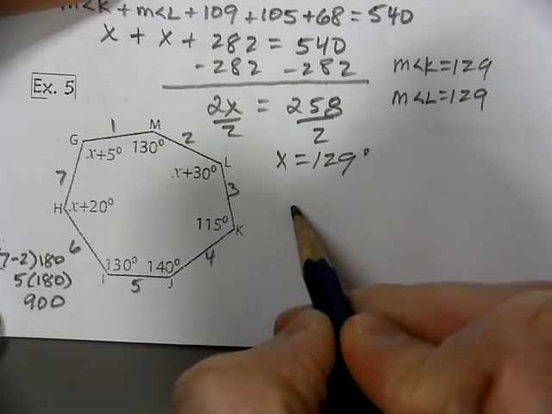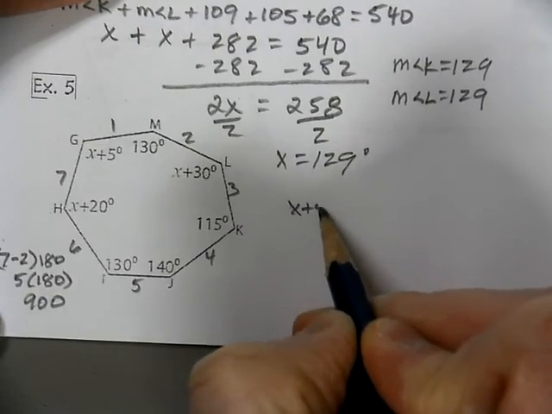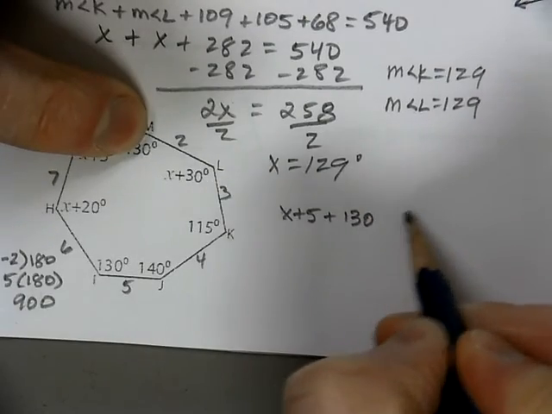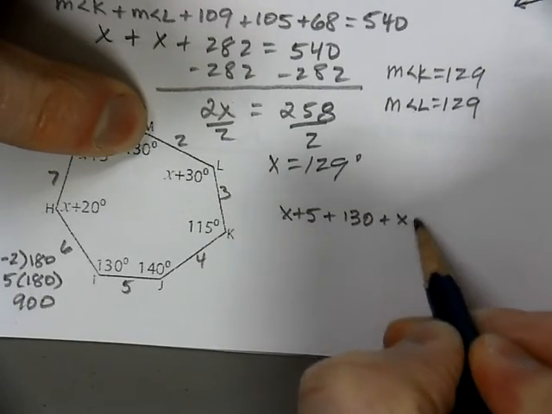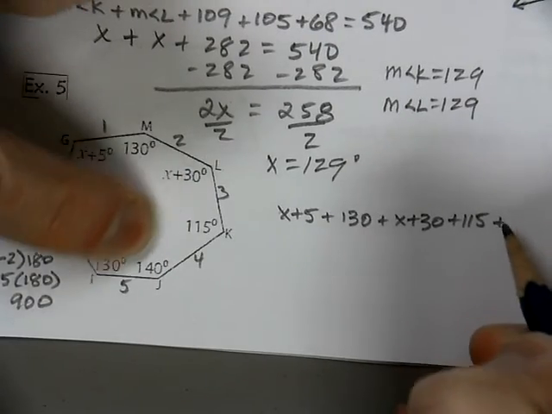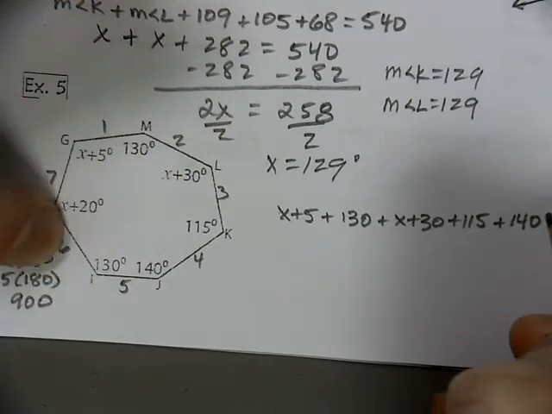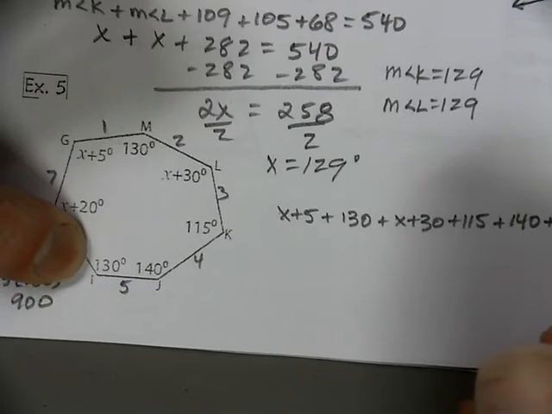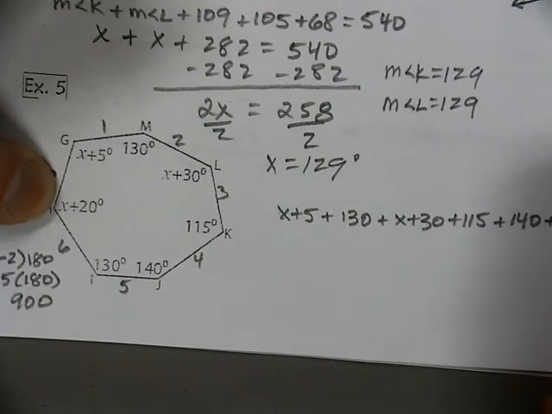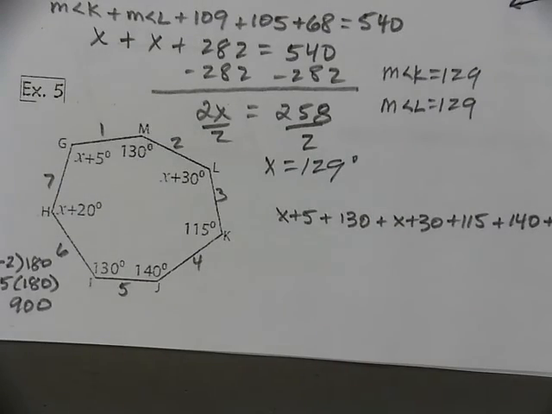We're going to take our x plus 5, our 130, our x plus 30, 115, 140, 130, and x plus 20. Hopefully you've already done this. That's what was the request.